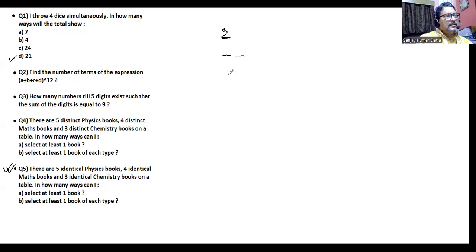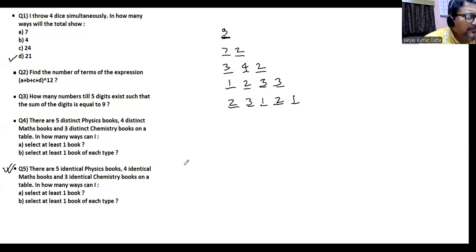It can be 2 digits, like 72. It can be 3 digits, like 342. It can be 4 digits, like 1, 2, 3 and 3, summation is 9. And it can be 5 digits, like 2, 3, 1, 2 and 1, or 4, 4, 8 and 1. Summation is 9. So all of these are possible. So how many numbers till 5 digits?